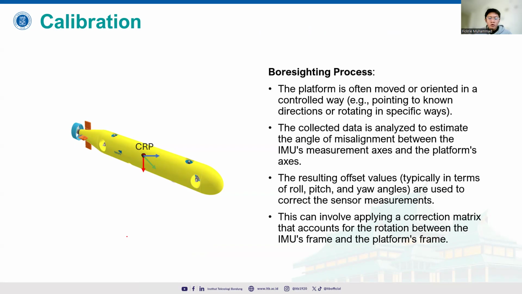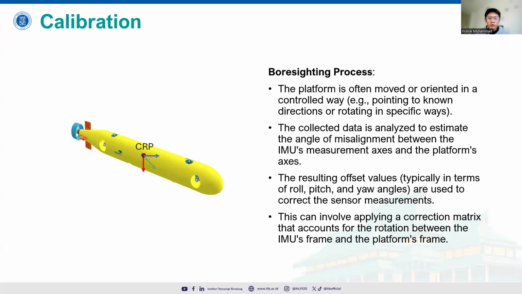So in the process of bore sighting, the platform is often moved or oriented in a controlled way. Basically, we're going to move the AUV that already has the IMU installed inside its body towards 3 axes to describe the motions of the IMU in 3 different axes, X, Y, and Z. And the collected data is analyzed to estimate the angle of misalignment.